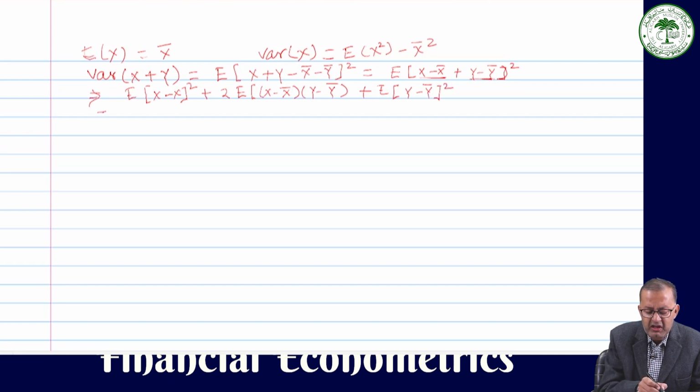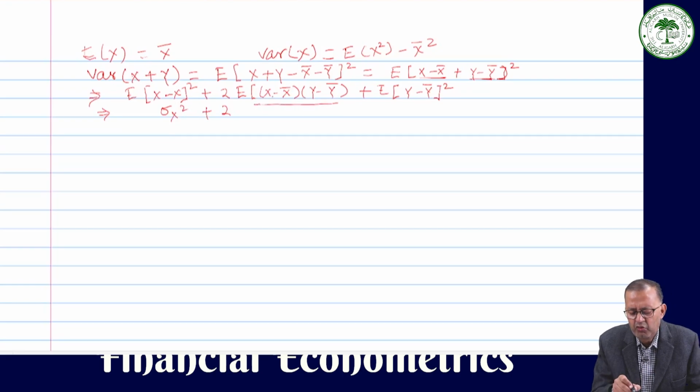So this is equal to sigma x square plus twice this term, which we call the covariance between x and y and denote by sigma xy, plus sigma y square.